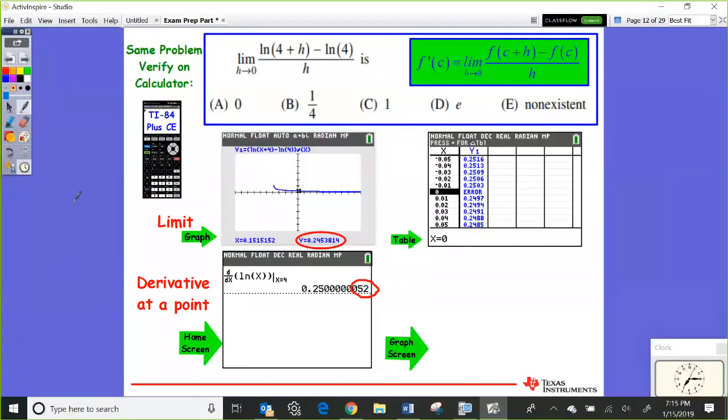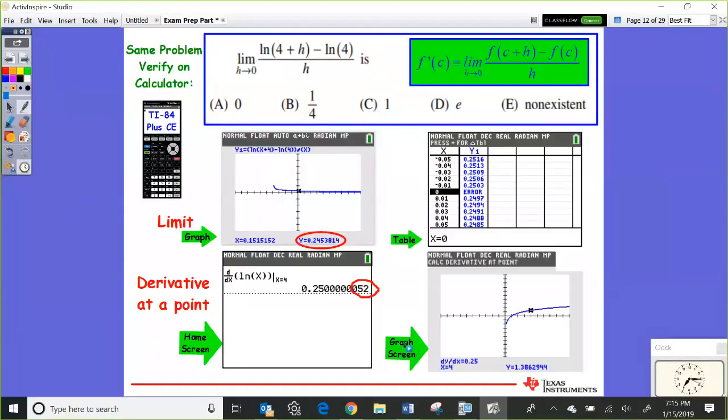And most of the time, the calculator is doing a derivative with the symmetric difference quotient and sometimes just can't close in close enough. So it actually is 0.25 because we just showed it analytically on the page before that. On a TI-84, you can also take the derivative from the home screen, and notice the derivative is 0.25 here, probably because it's been rounded off.